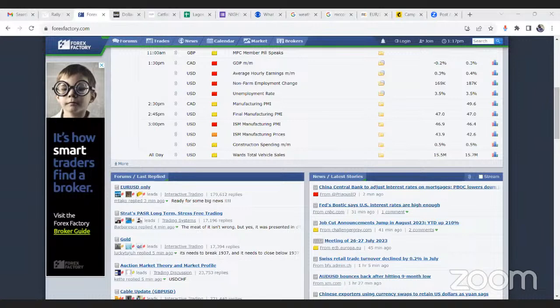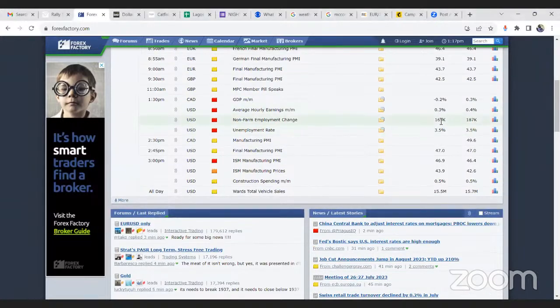Okay, so that said, that's for NFP. If you look at the data of NFP, we are expecting NFP to have dropped. The previous was 187,000. That's the change in the number of employed people.